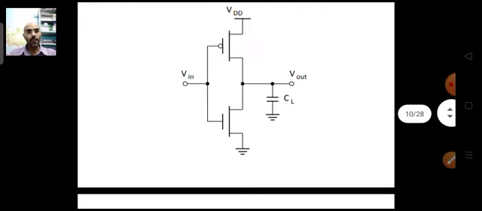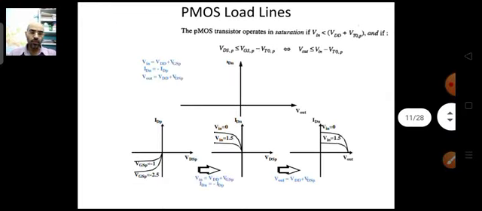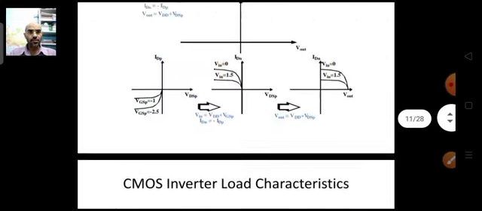So let's start. If you want to determine this voltage transfer characteristics, we have to start with the characteristics of NMOS as well as the PMOS. We know very well the characteristics of an NMOS, but we don't know the characteristics of a PMOS.